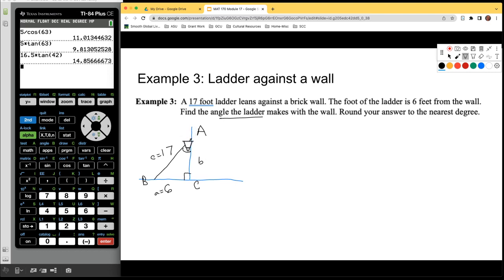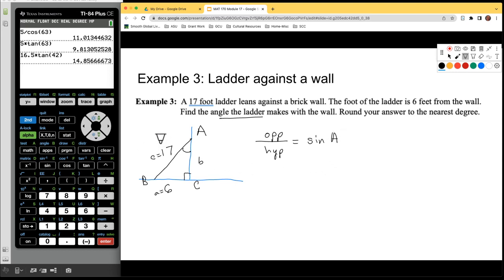So if we're looking at angle A, we know that the opposite over hypotenuse will be this one. So the information we're given is opposite, and we're given the hypotenuse. Opposite over hypotenuse is going to be sine. That will give us the sine of our angle.